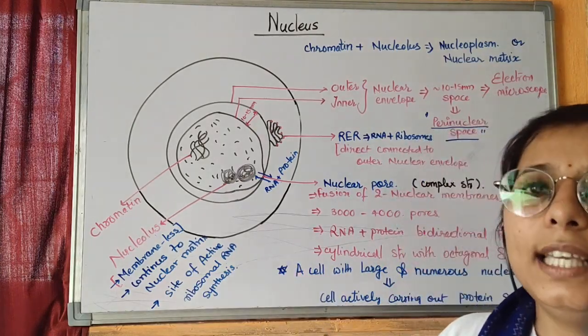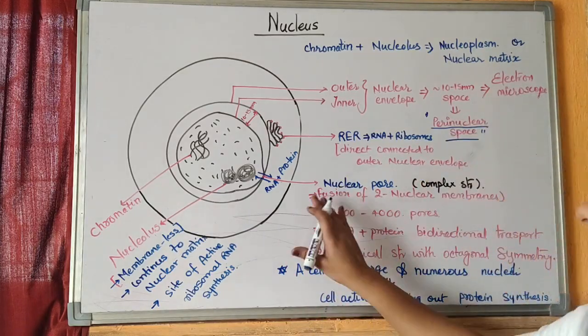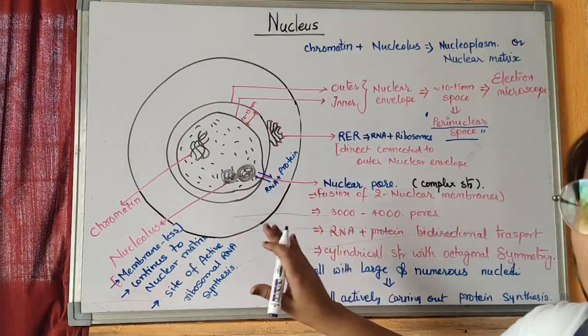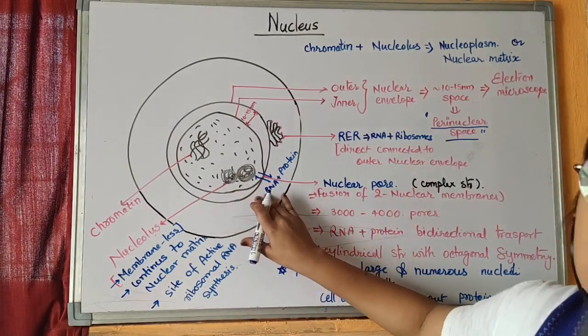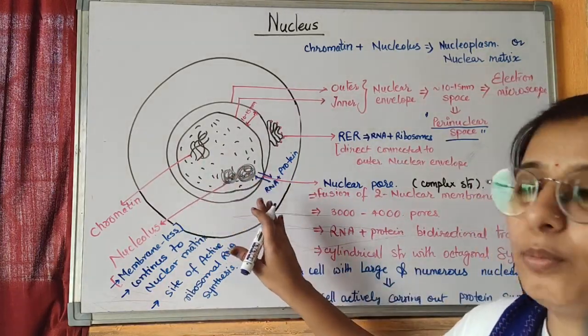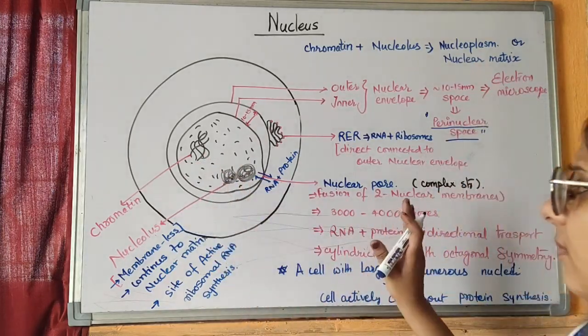The symmetry has 8 molecules together, and it has about 30 different proteins. This nuclear pore is very important, and it is involved in the bidirectional transport of RNA and protein from the nucleus to the cytoplasm and back from the cytoplasm to the nucleus.